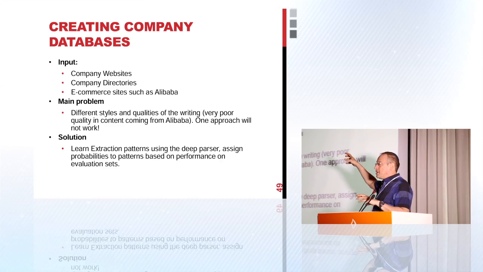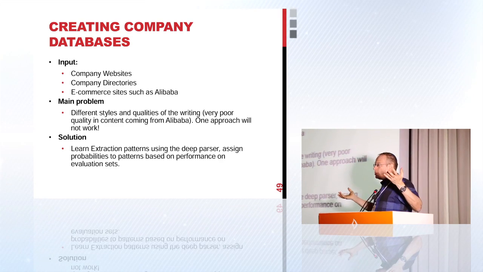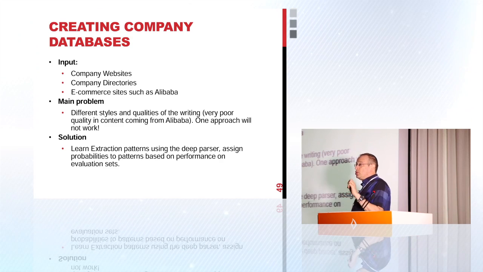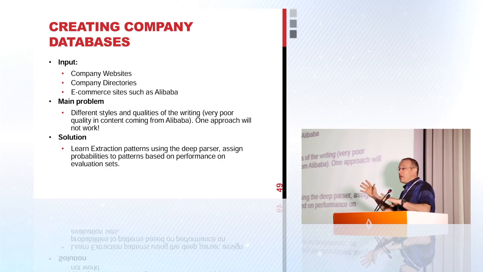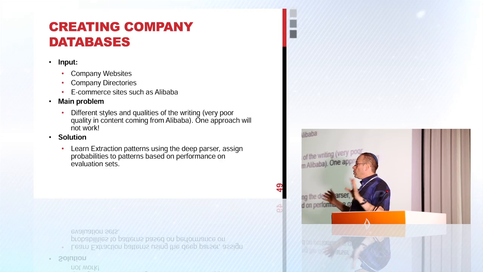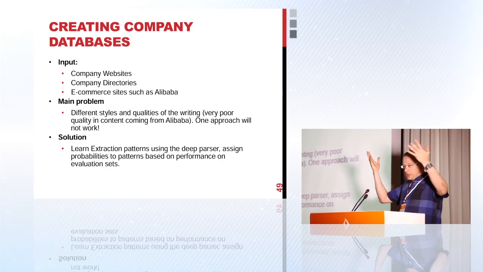So if the text comes from a professional website of an American company, no problem, you can use parsers, you'll get excellent results. If you use text that you got from Alibaba, it's pretty horrible text, so the same method won't work as well. We wanted actually to have one method that will be able to work across the board.